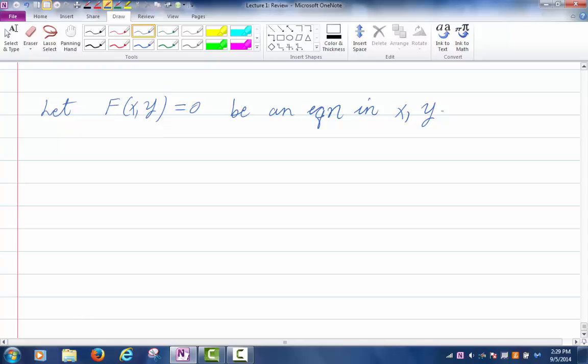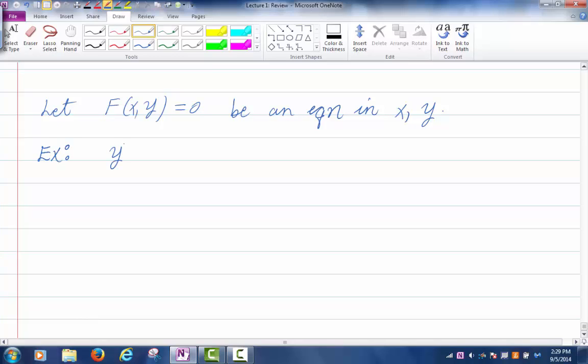Okay, the question is whether the graph of an equation in x and y represents a function. How do I determine whether the graph of an arbitrary equation is a function or not? Well, let me explain that by using some examples.